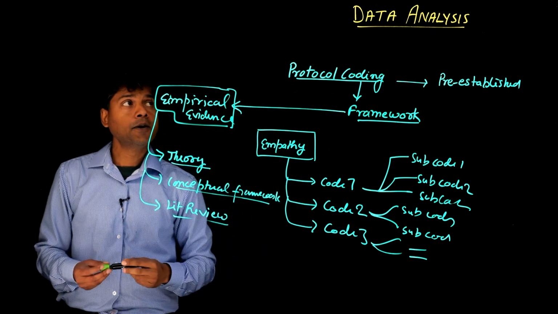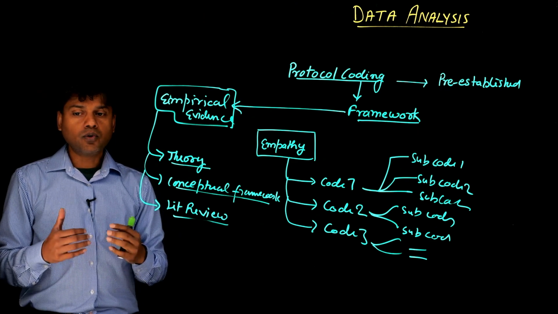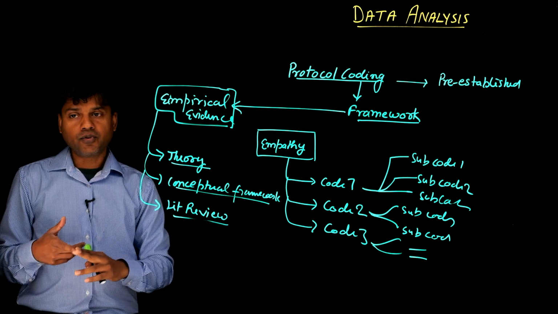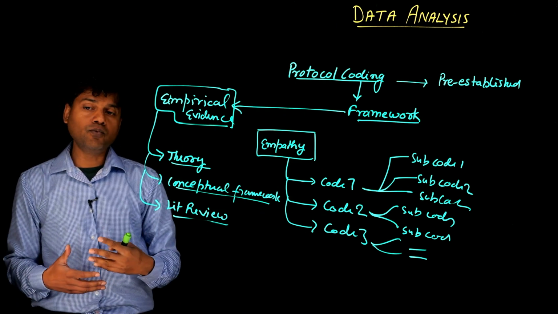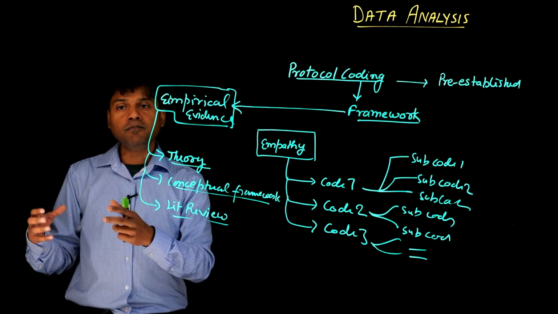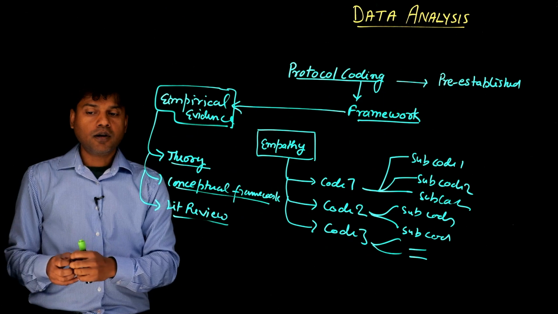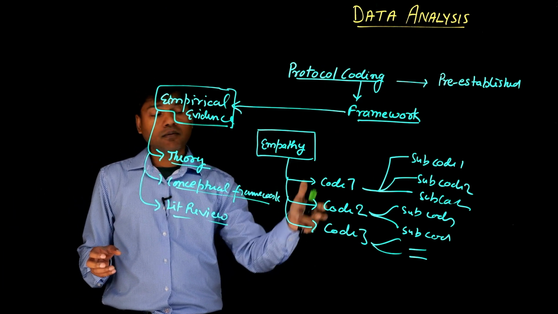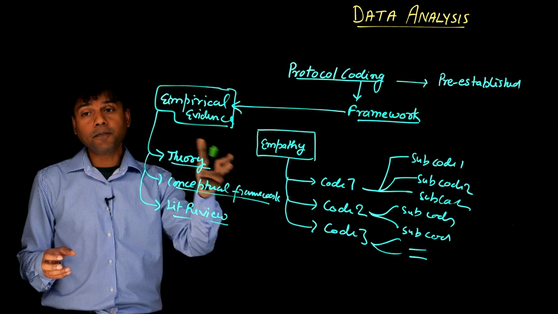So you see, protocol coding is a strategy where the codes are already developed based on literature, some theory, or some framework, and it has empirical evidence. Based on that evidence, you develop your coding framework. The coding framework includes all the codes that you want to use while coding the data.